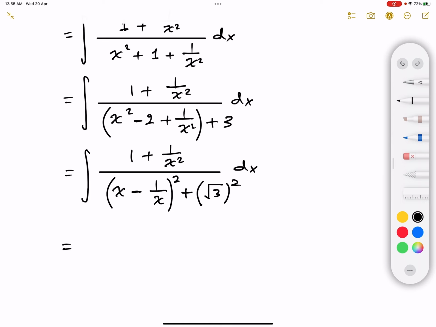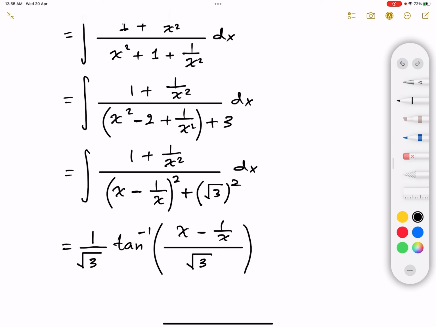So basically this is going to be equal to 1 over the square root of 3 times the inverse tangent of (x minus 1 over x) divided by the square root of 3, and don't forget the integration constant, and that is basically the answer to this problem.